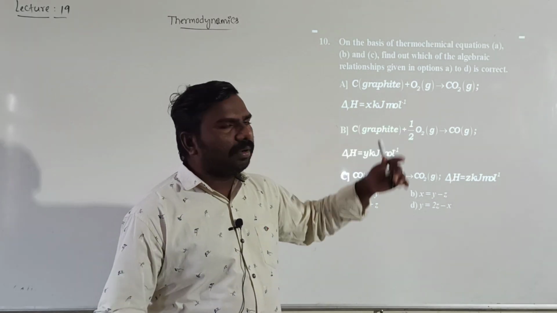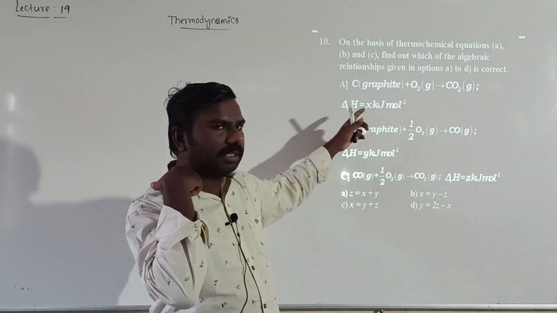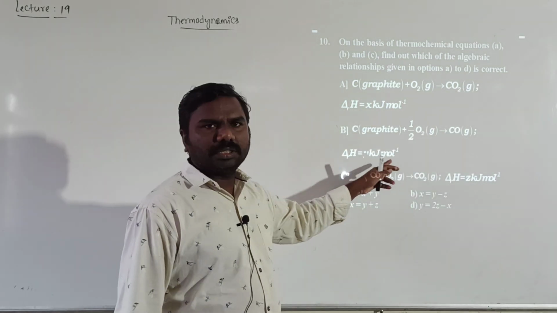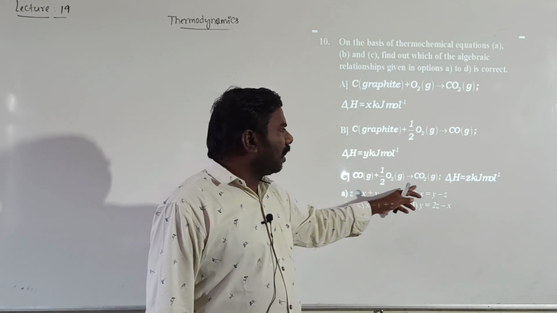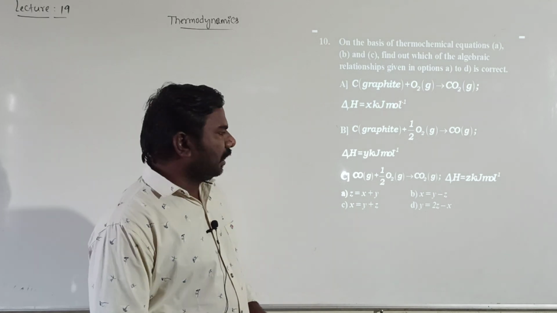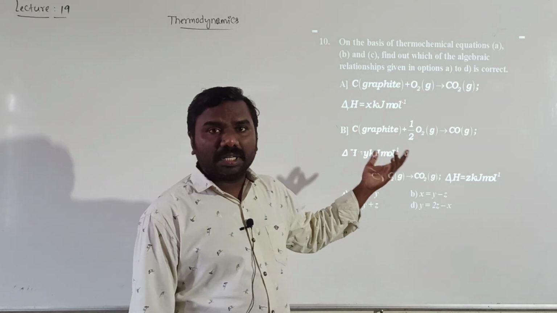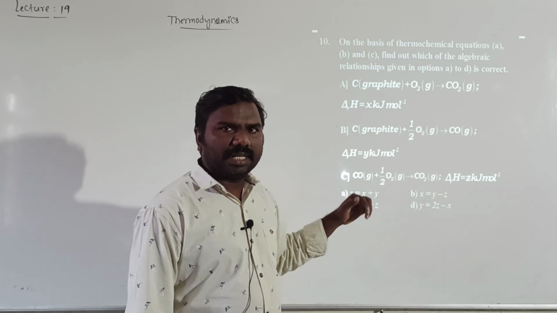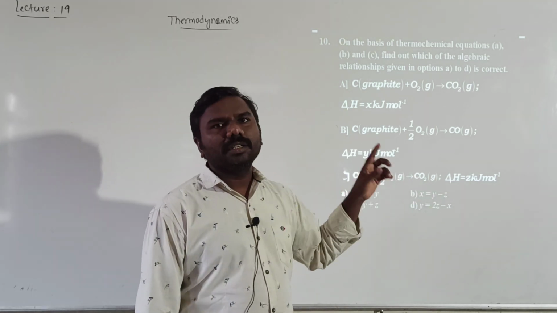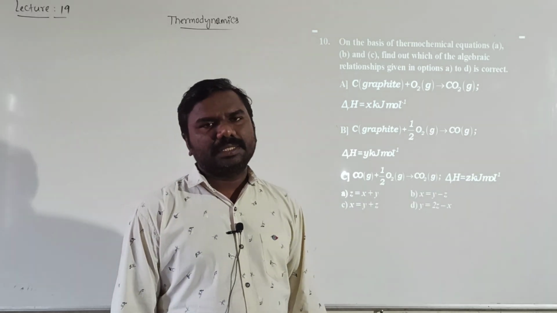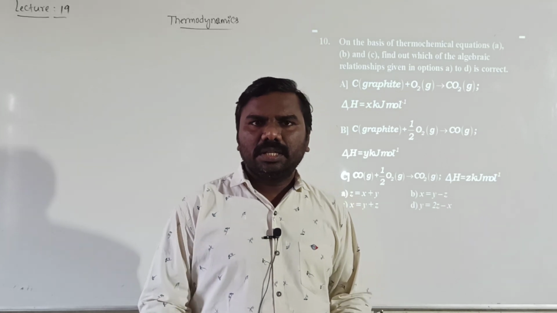Graphite to carbon dioxide given, delta H is X. Graphite to carbon monoxide given, delta H is Y. Carbon monoxide to carbon dioxide given, delta H is Z. To get Z, X and Y addition; to get X, Y and Z subtraction; to get X, Y and Z addition; to get Y, 2Z minus X. Which is correct, they are asking that one.